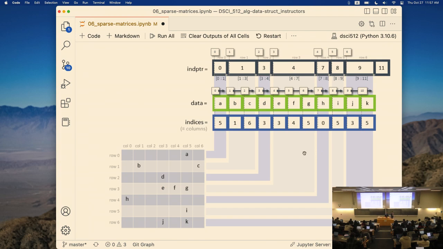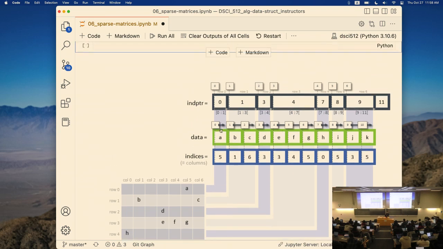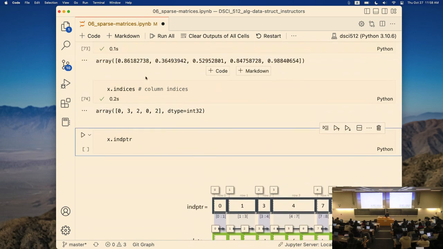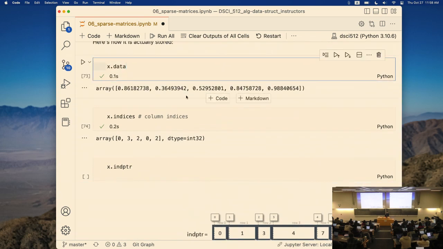So going back to the question that was asked before, how SciPy knows where the zeros go. It starts filling up the spaces with the values that we have for those particular indices, and anywhere else we know that we're going to have zeros. And you can return these values here using x.data. This is the data itself.